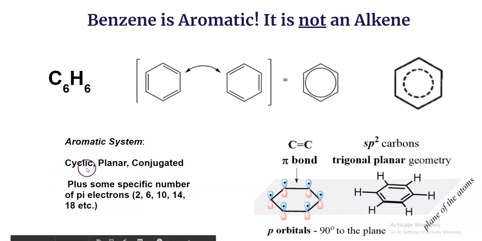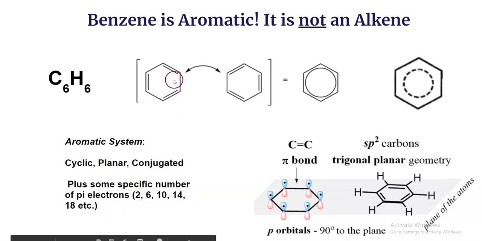So it's cyclic and planar. It's a conjugated system, right? All these carbon atoms are connected via the pi bond, and the pi electrons are moving throughout the ring. So cyclic, planar, and conjugated. And if you have a cyclic, planar, and conjugated system with this number of pi electrons, any of these: 2, 6, 10, 14, 18, and the list goes on.